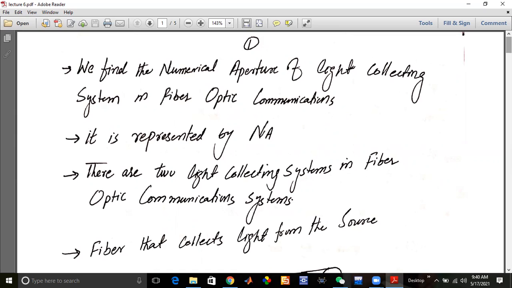We find the numerical aperture of the light collecting system in fiber optics communication.